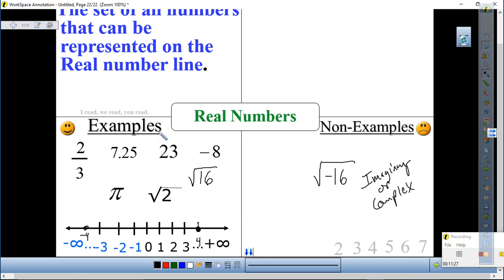So, we understand what real numbers are and what they are not, yes? Talk it over with your neighbor. What would be a hashtag that you would add to this that explains what real numbers are? Hashtag what? Jesse, go.